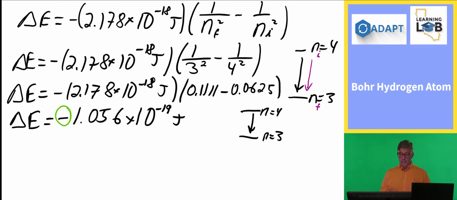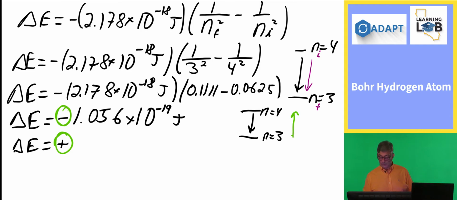The connotation of the negative implies that the atom is becoming more relaxed, it's releasing energy, and that carries a negative notation. The change in energy being positive would imply that the electron is going from a lower energy level to a higher energy level. So the sign of the value of the energy is just designating the direction the electron is flowing. A negative implies from a higher energy level to a lower energy level. The system is giving off that amount of energy, it's relaxing.